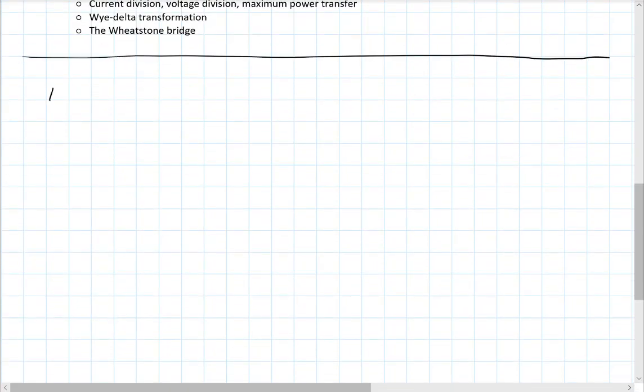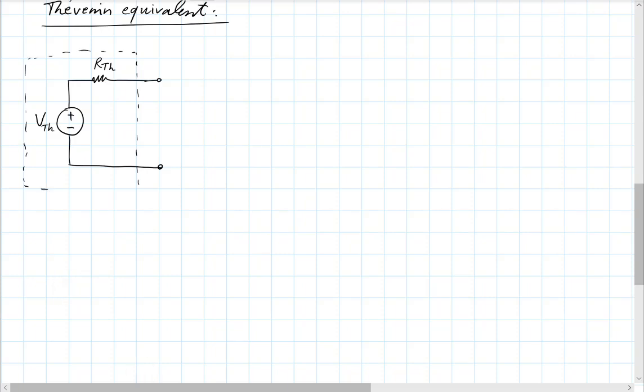So you take your circuit and you replace it with its equivalent, which consists of an independent voltage source, V Thévenin, and a simple resistance in series with it, R Thévenin. And imagine your circuit was inside a box, and you're replacing what was inside with this.